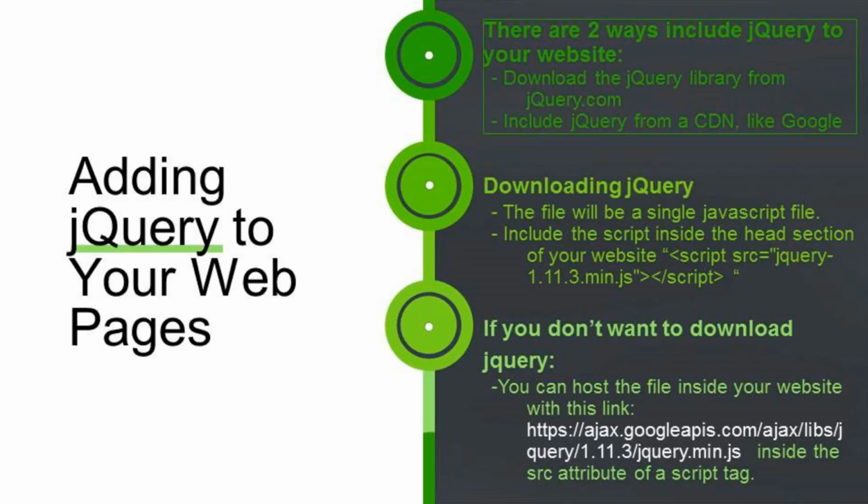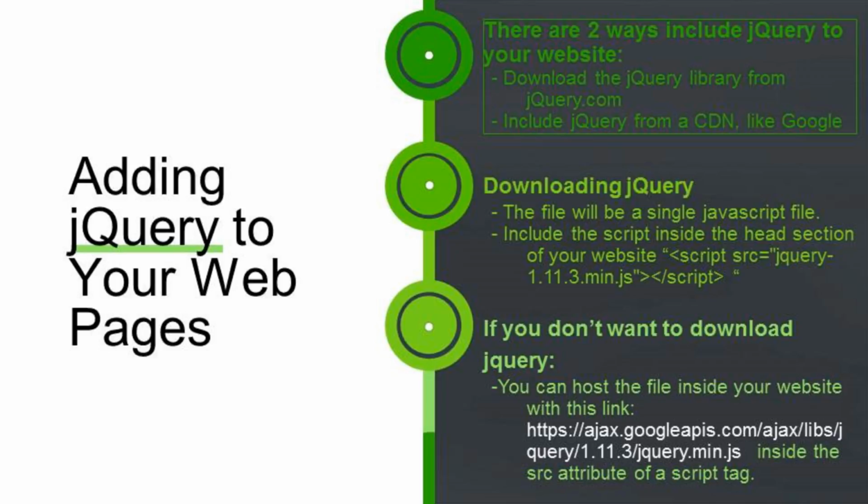Again, we can include the jQuery from a CDN network like Google as well. The big difference from downloading it as a hard file is that we don't have to be online to use it. Versus if we want to use it directly from Google, we don't have to have the file on the device.